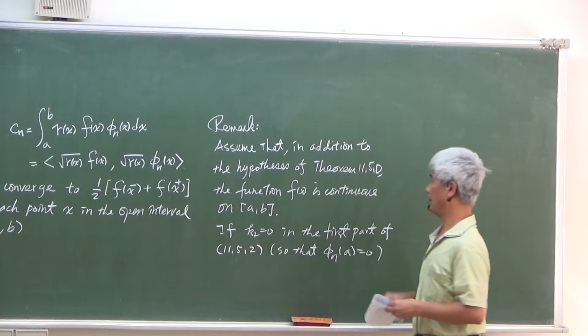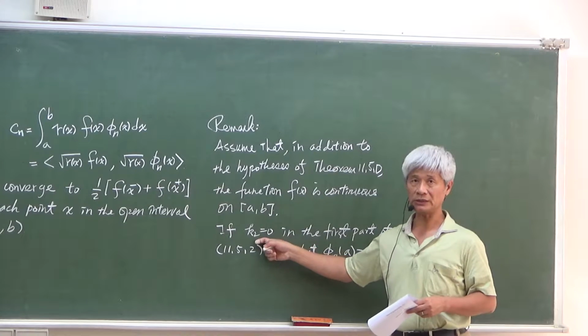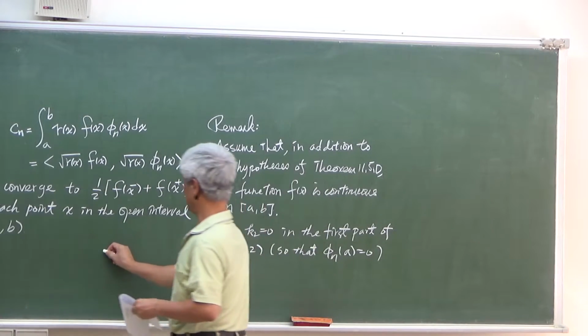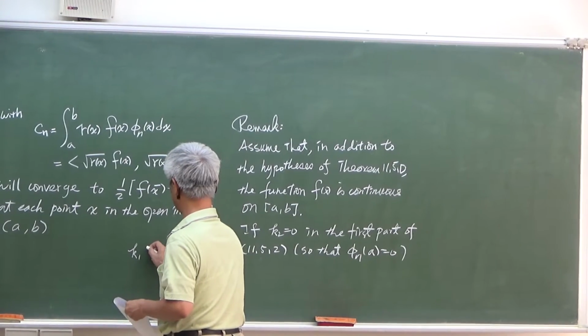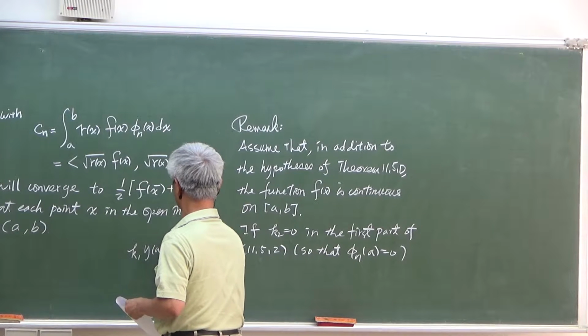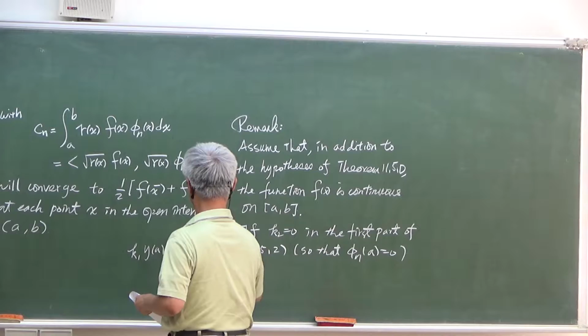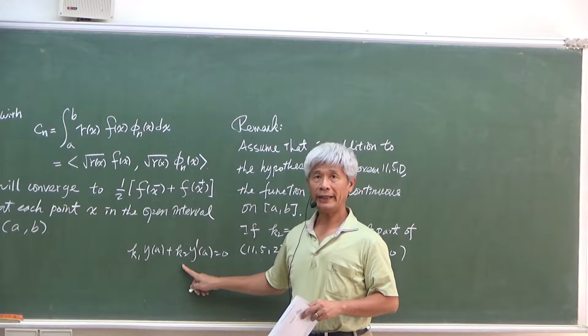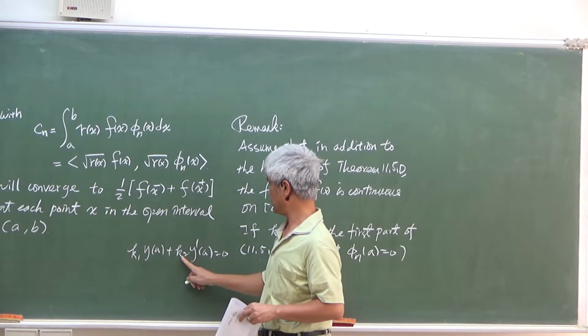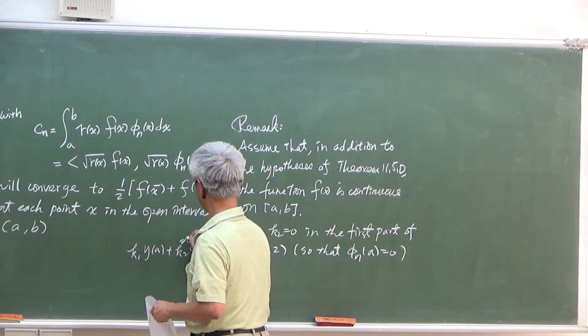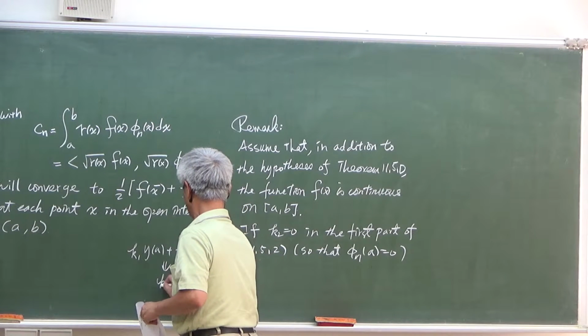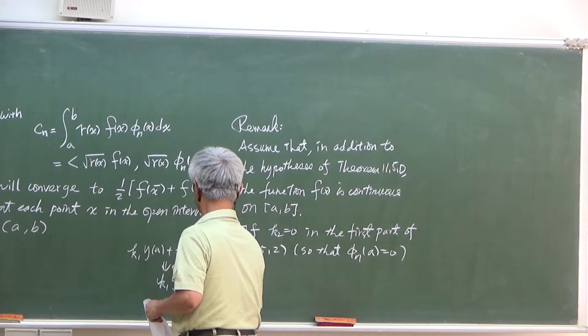Because when k2 is equal to 0, the first condition implies that k1 y(a) is 0.